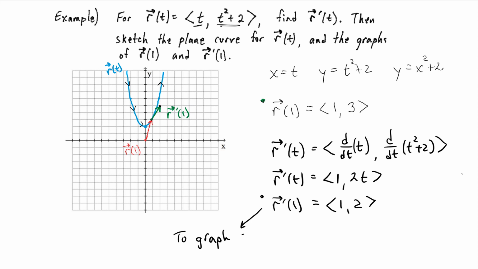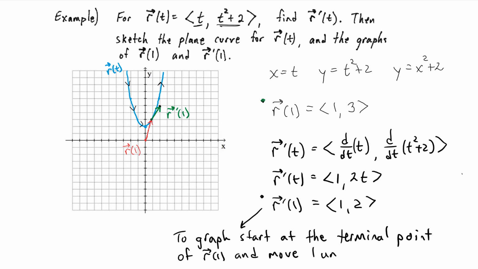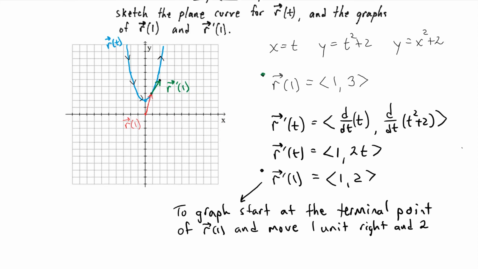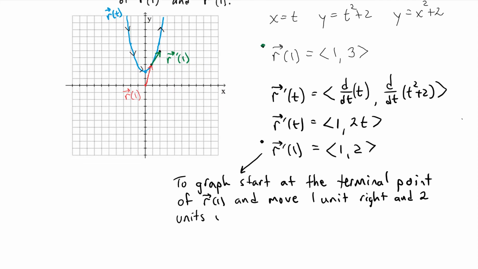So to graph, you start at the terminal point of r of 1 and move 1 unit right and 2 units up.